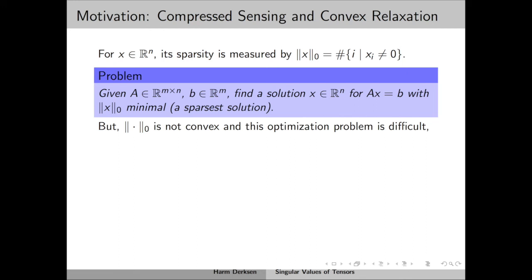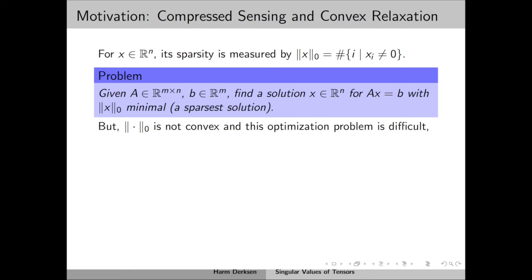So I will use a slightly different approach. I'm going to replace the rank of a tensor by something else called the nuclear norm. The idea of that comes from compressed sensing, where they do something called convex relaxation. There you may have a system of equations that's underdetermined, so we have fewer equations than variables.